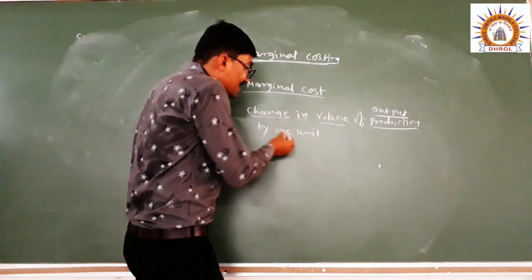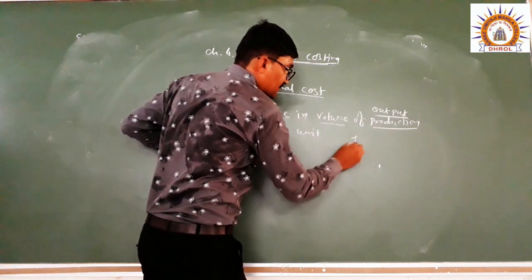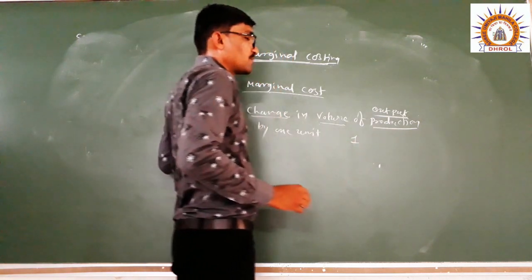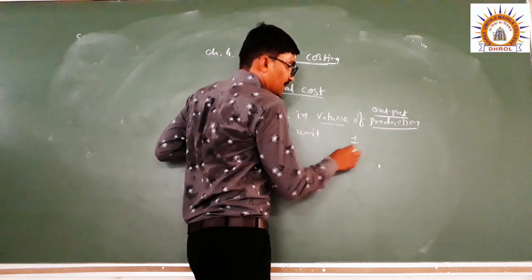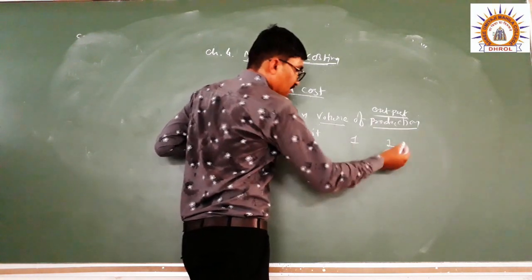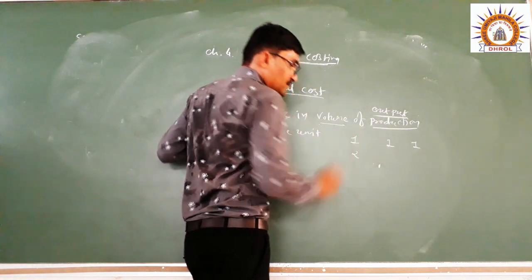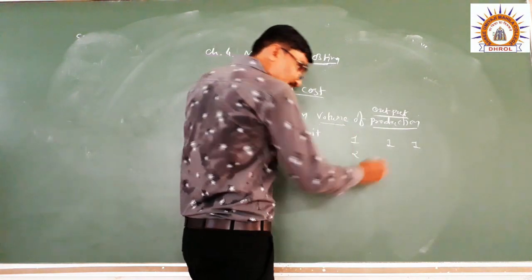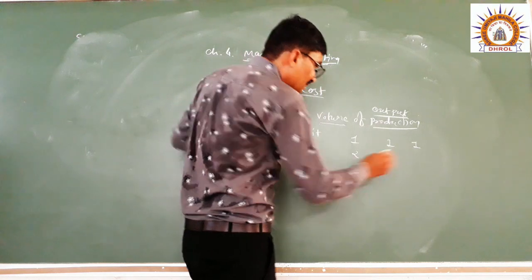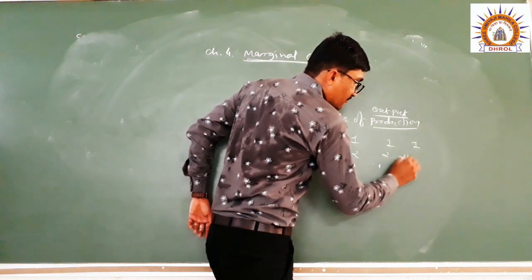For example, suppose the number of quantities is 1, and the price is 1, and the additional unit is 1. Then suppose the number is 2 and the price is 2, and I want to add 1 unit of rupees 1.